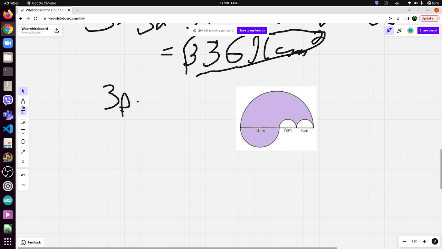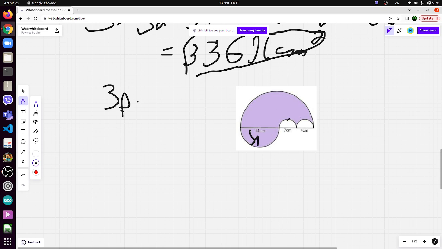We see that this is going to be S1. That is the half circle with diameter 14 centimeters. We also have a bigger half circle and two little half circles which are white, which we need to subtract. Okay, so let's do it.